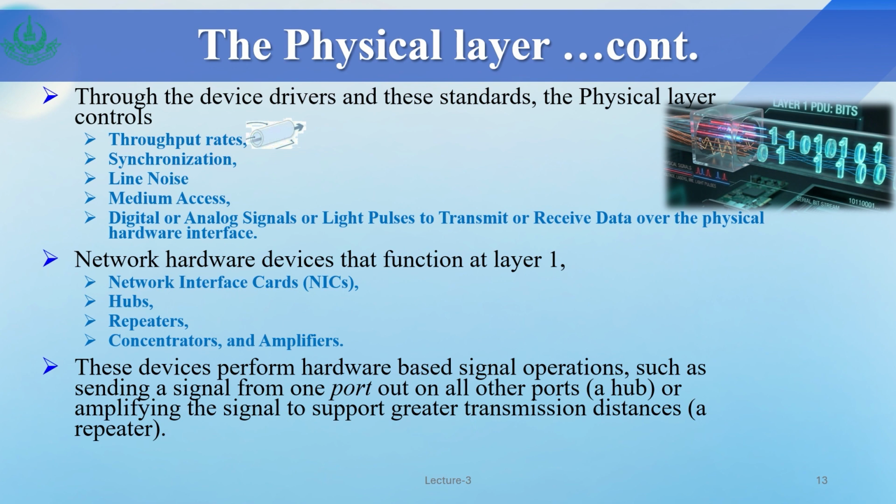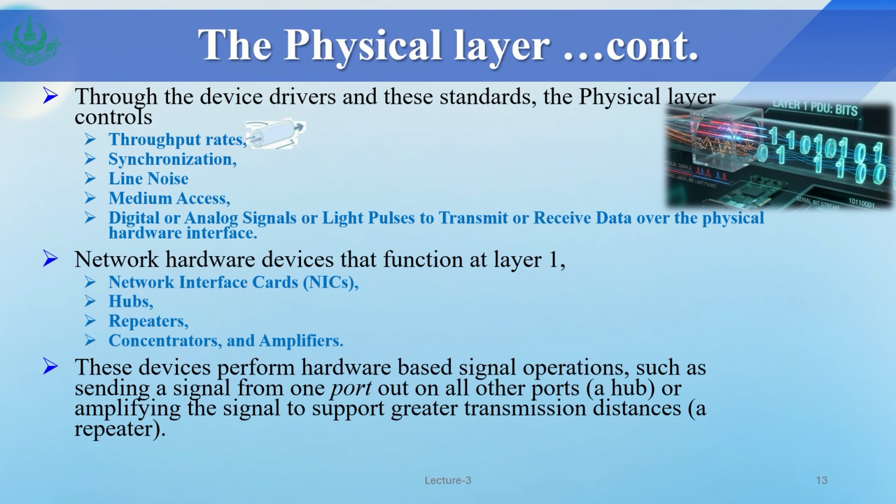The physical layer controls throughput, the rate of data transmission, synchronization, line noise, medium access, and digital or analog signals, light pulses or electrical signals transmitted and received over the physical hardware interface.